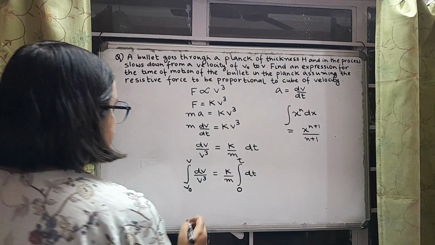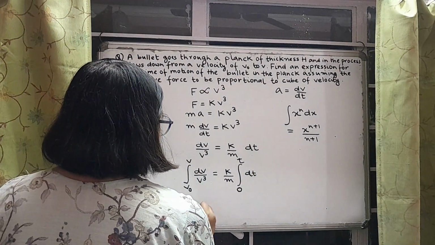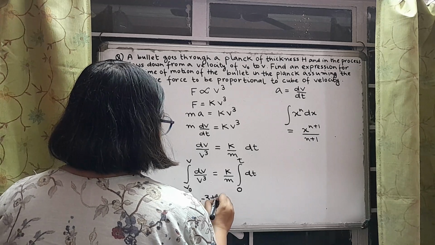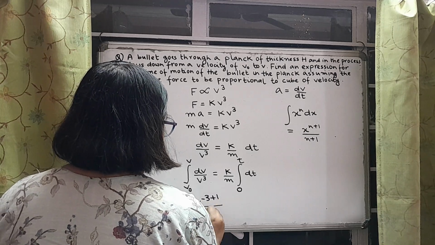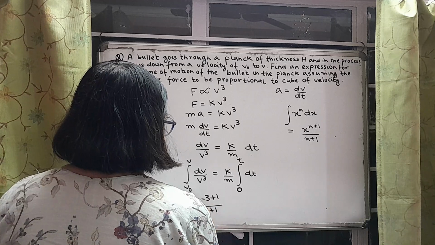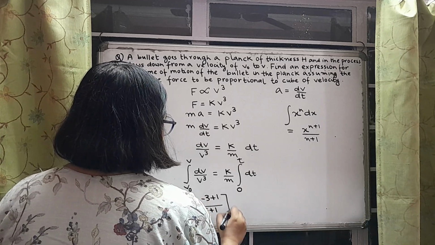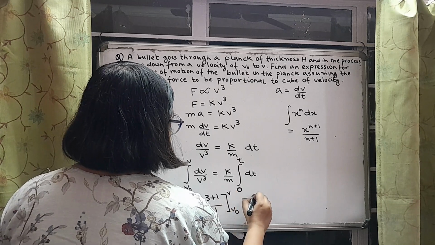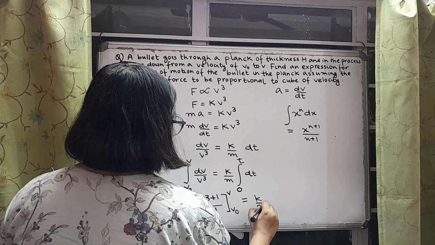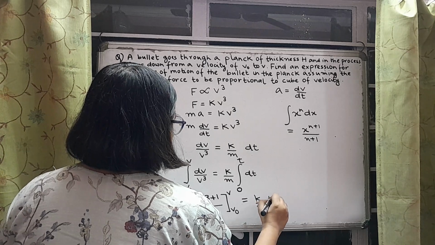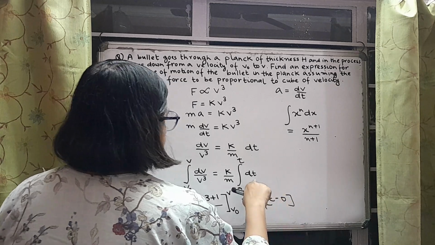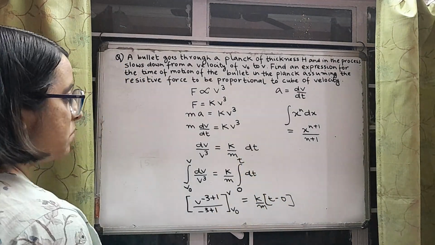If I do that, here I will get v to the power minus 3 plus 1 by minus 3 plus 1 in the limit v0 to v equal to k by m, t minus 0. If I put the limits here, dt integrated will just give me t.